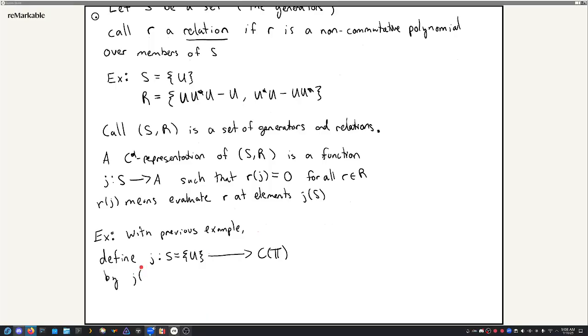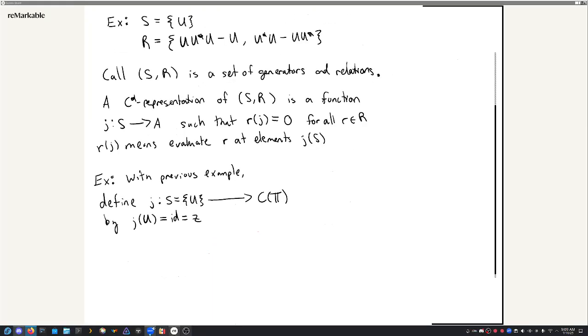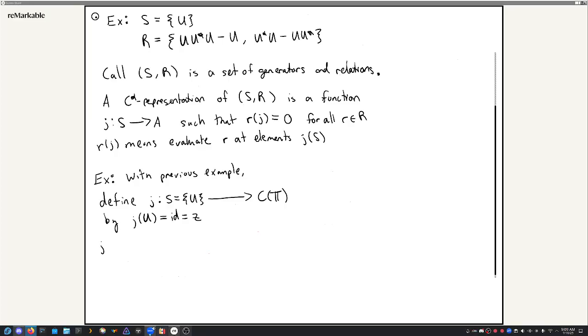And it sends U to the identity function, which I'll call Z. Then J is a C-star representation of these generators and relations.